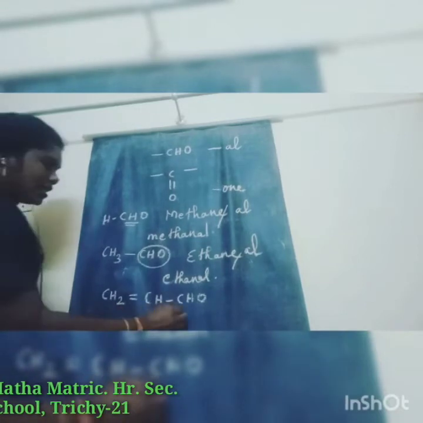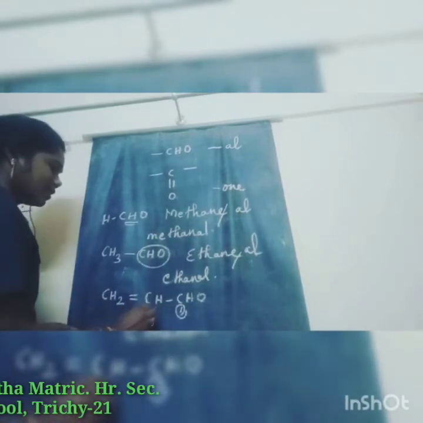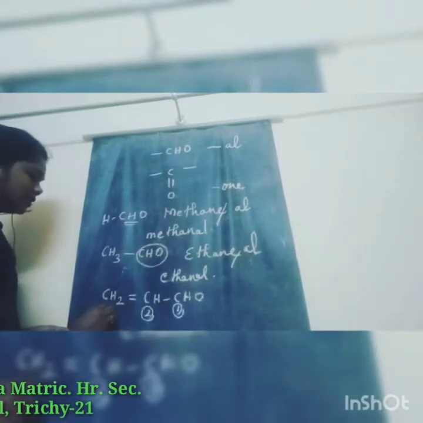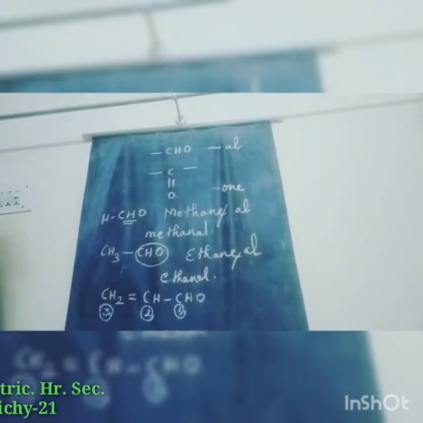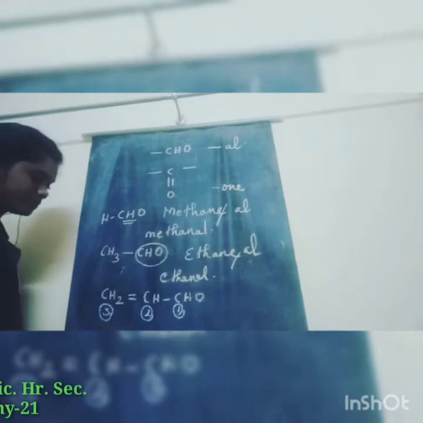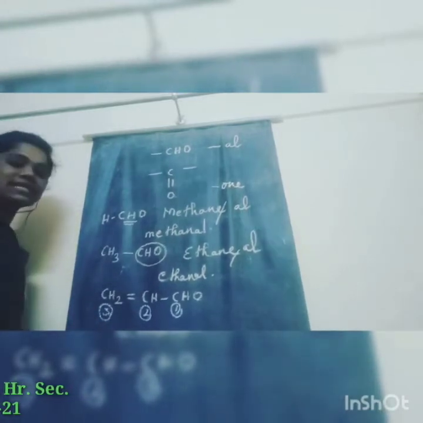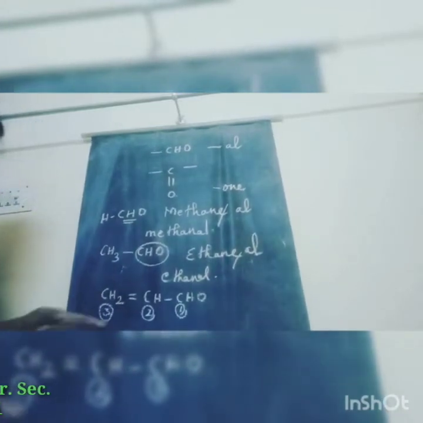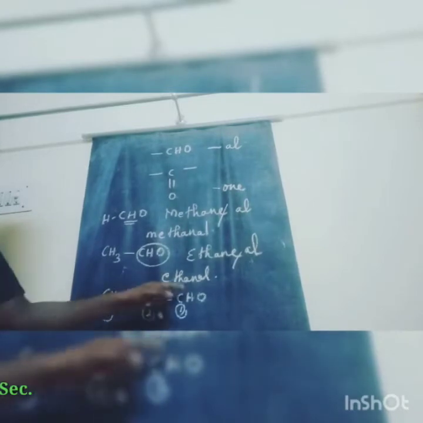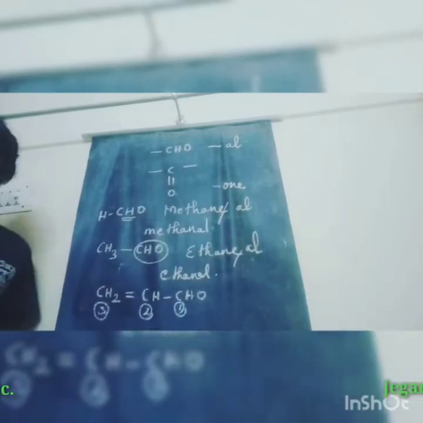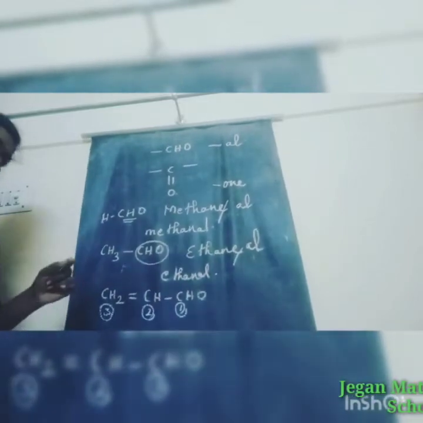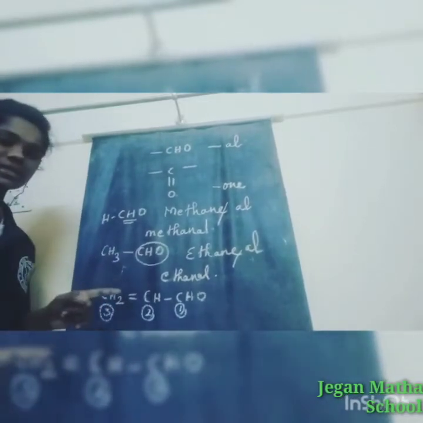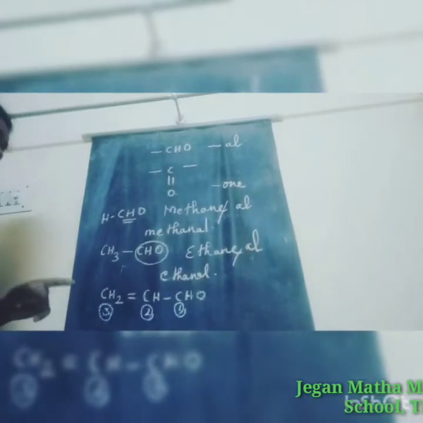This is the first carbon, this one is the second carbon, this one is the third carbon. In the second carbon a double bond is present, so first you write 2. After that, 1, 2, 3 carbons are present, and three carbons means propane. But here a double bond is present, so that is propene.